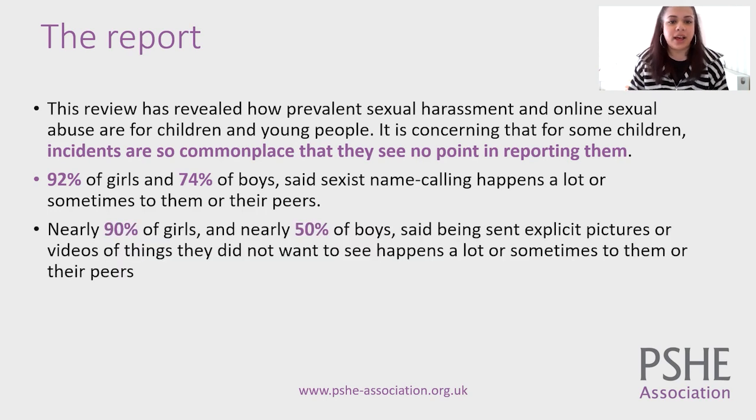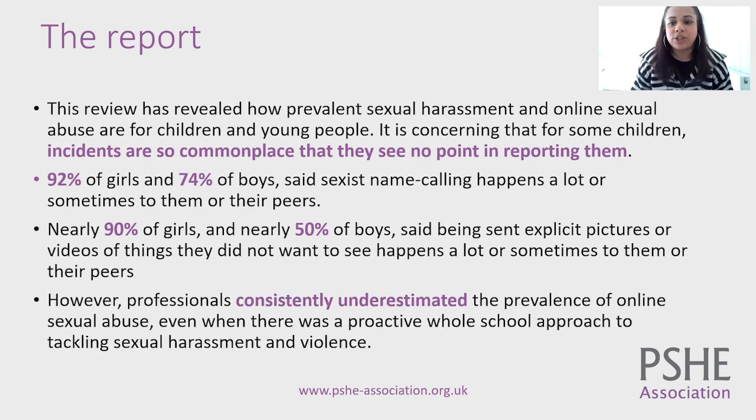Nearly 90% of girls and nearly 50% of boys said being sent explicit pictures or videos of things they did not want to see happens a lot. However, professionals consistently underestimated the prevalence of online abuse, even when there was a proactive whole school approach to tackling sexual harassment and violence. From this, we can understand that it isn't only happening to some young pupils and that incidents are commonplace, including online.